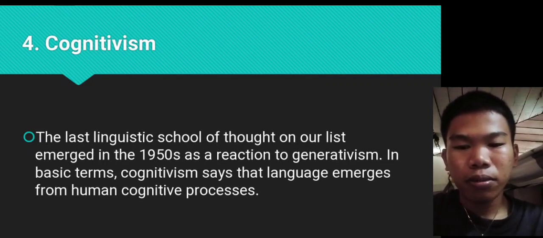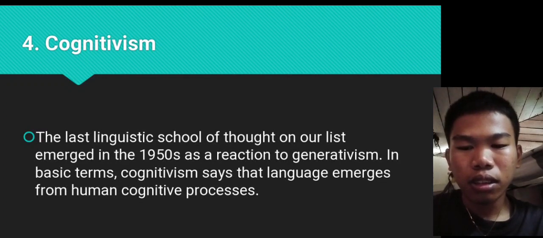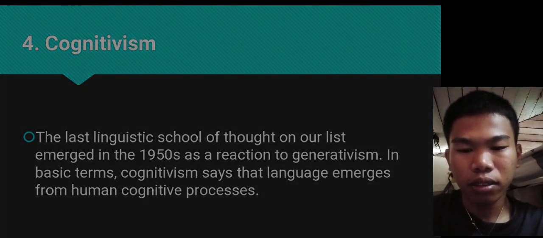It challenged universal grammar by suggesting that grammar is not something that all humans can inherently understand, but rather it is learned by using language. In this sense, it is a bit similar to functionalism. However, the main focus of cognitivism is how language is based on meaning that the mind creates.